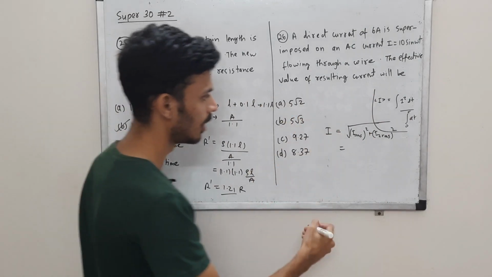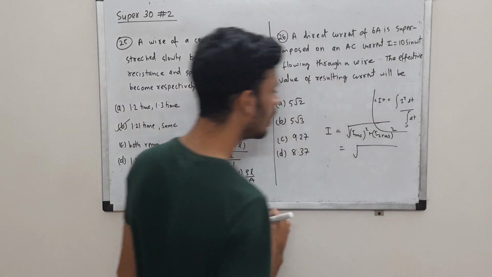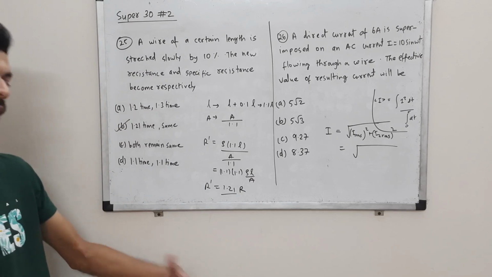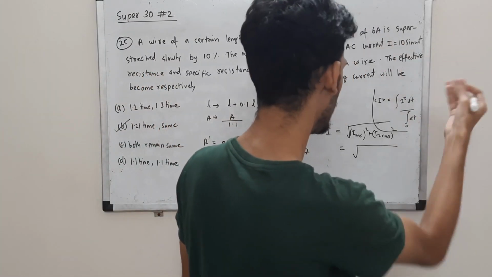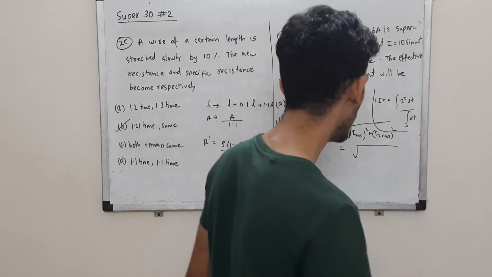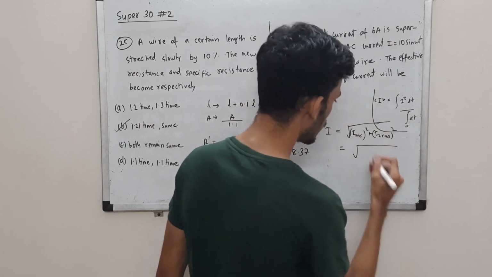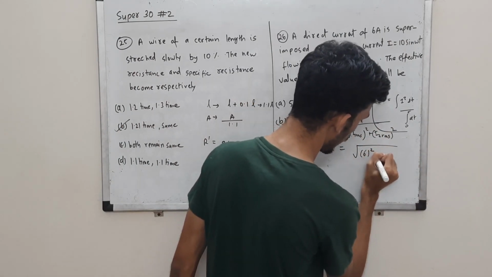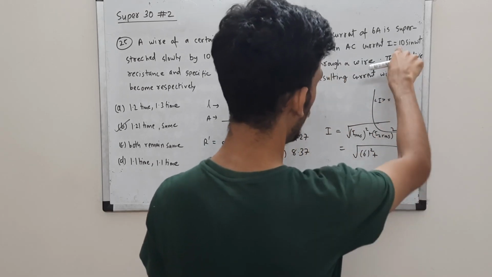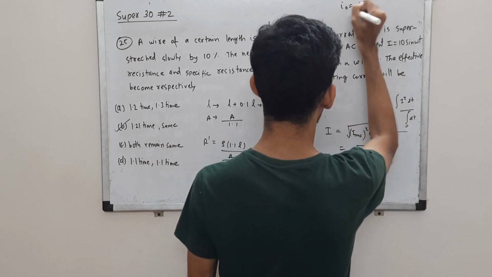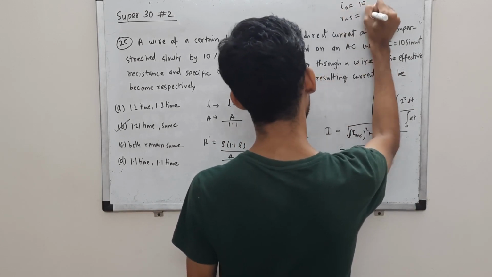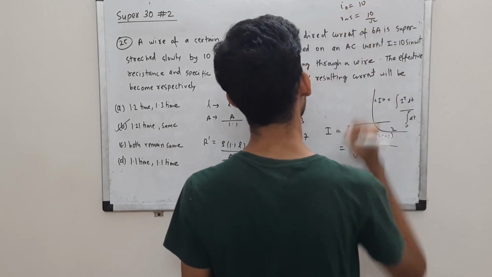One is dealing with the direct current. For direct current, the RMS value is equal to the peak value, which is equal to the constant value. The constant value is itself the RMS and the peak value. So the RMS value is 6 square. And for the wave, this is I naught, I naught is 10, so the RMS will be 10 by root 2, which is the peak value divided by root 2.